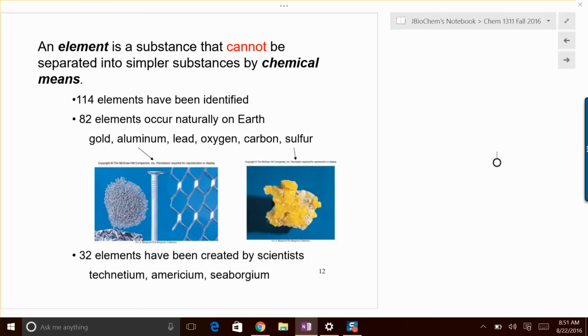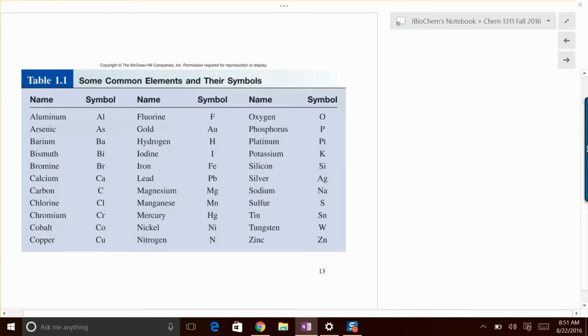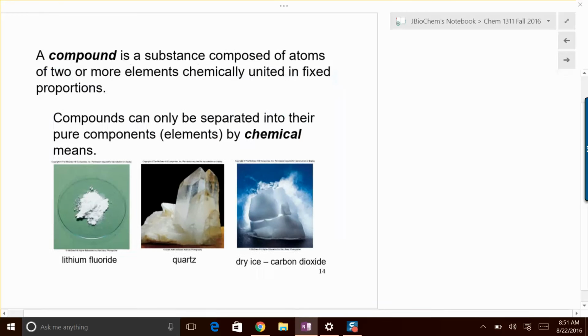Okay. 32 have been created by scientists, as well as those ones right there, because they don't occur naturally because they're radioactive and they just decay, so you can't really naturally produce them. Okay, so this would be the atomic symbol of the element by its name. That's how you identify it. So that's an element. Anything found here is an element.